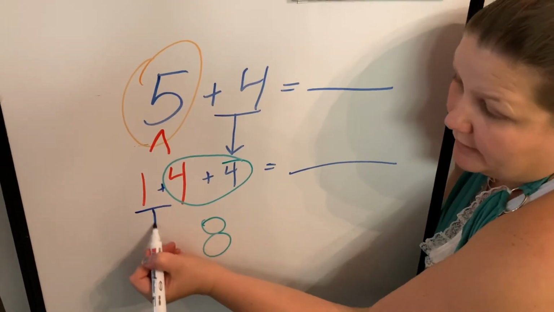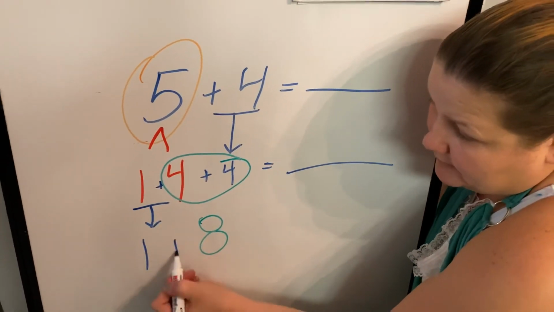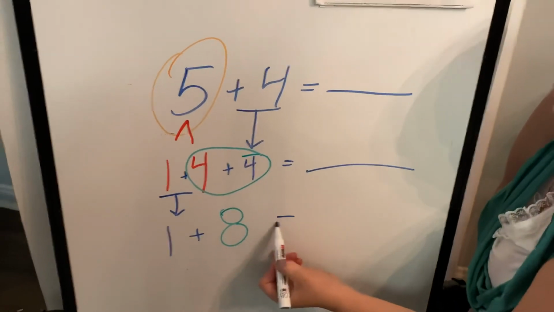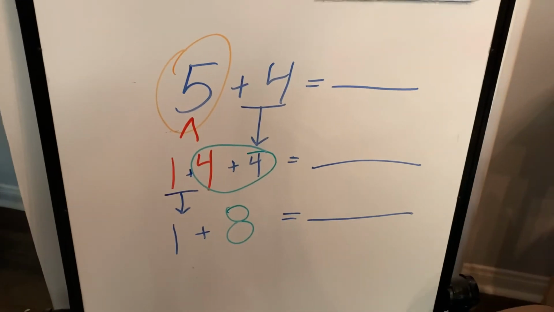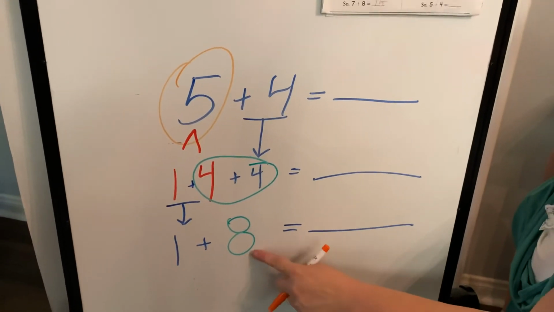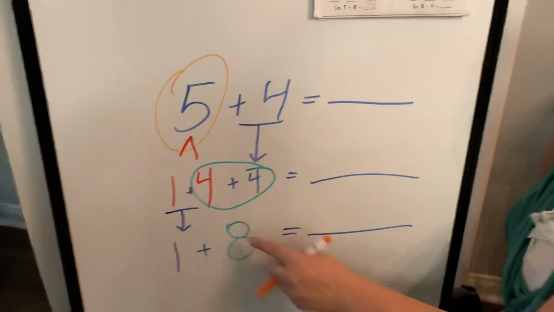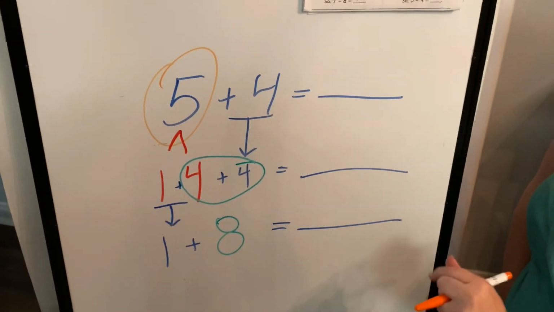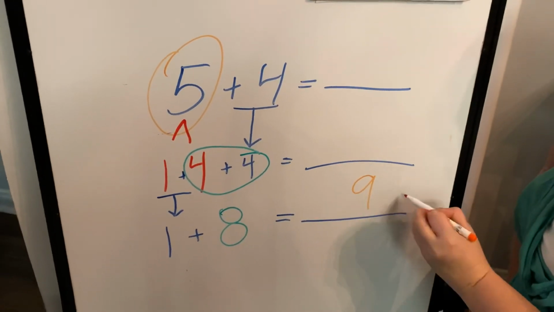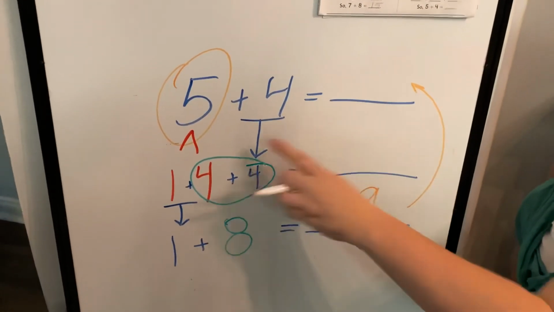Carrying down the part I have not used yet. My 1 plus, don't forget your plus, equals blank. So I'm going to count on 8, counting from my largest number, plus 1. So I'm going to go 8, 9. And bring it back up to my original equation.